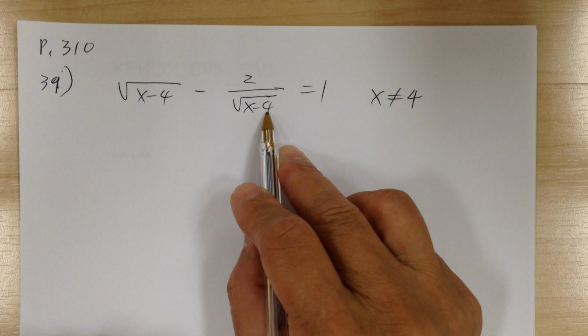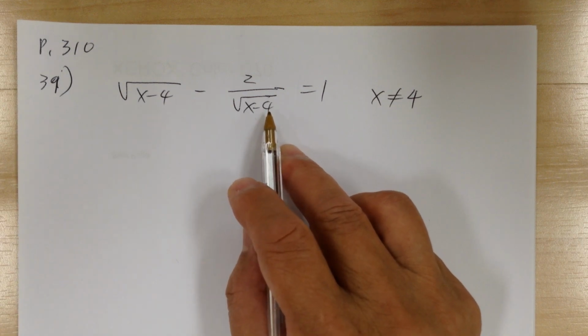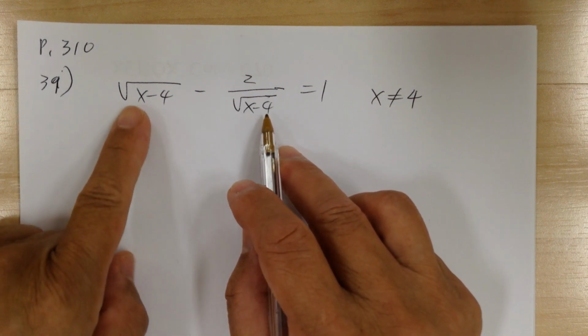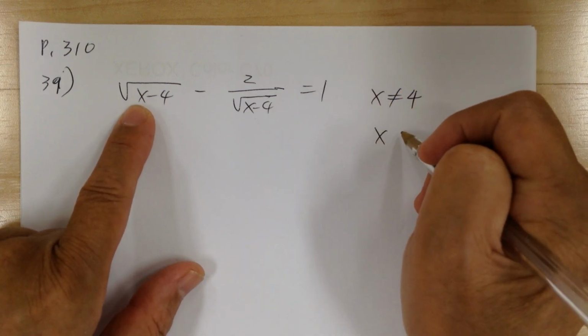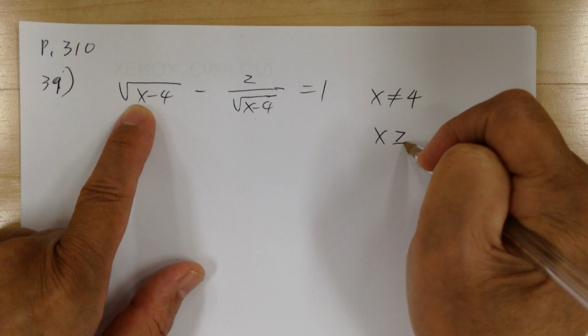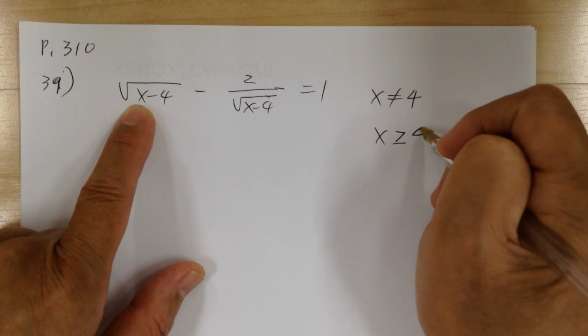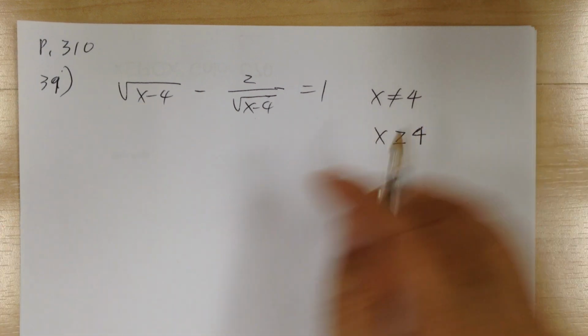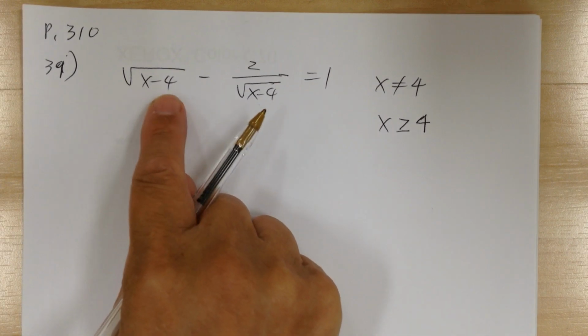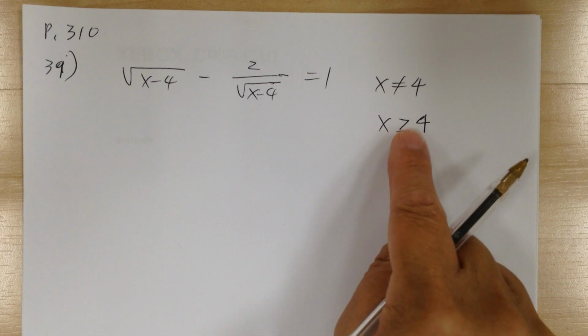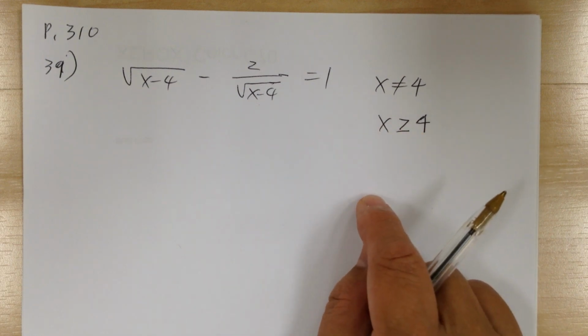Also, since we deal with real numbers, this cannot be negative. So that means x has to be greater than or equal to 4, because when x is less than 4, this will give you a negative value. So you have to watch out for the restrictions.